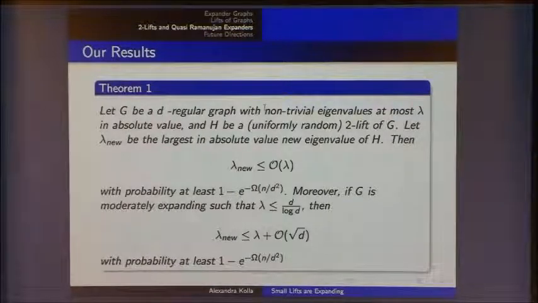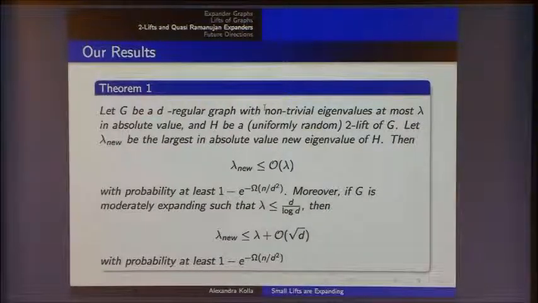So what we show in this paper is that if G is a d-regular graph and all its non-trivial eigenvalues are at most lambda in absolute value, let H be a uniformly random 2-lift of G, and lambda-nu be the largest in absolute value new eigenvalue of H, then this is bounded by order of lambda.